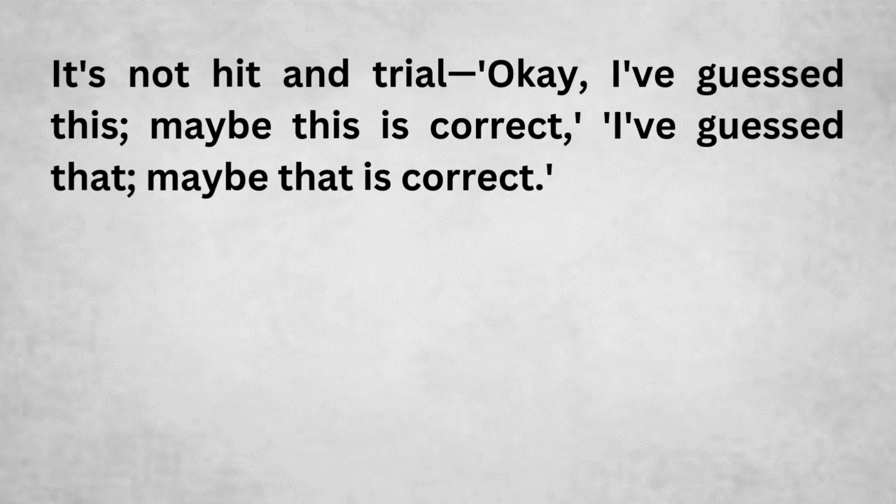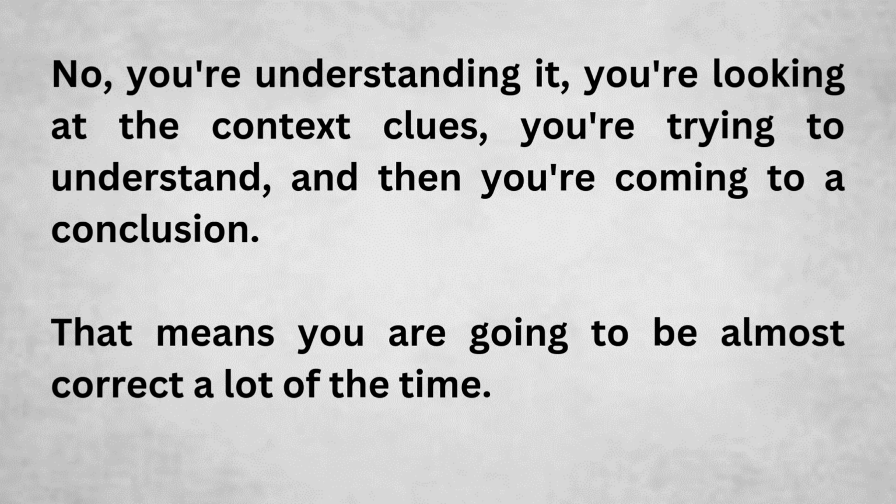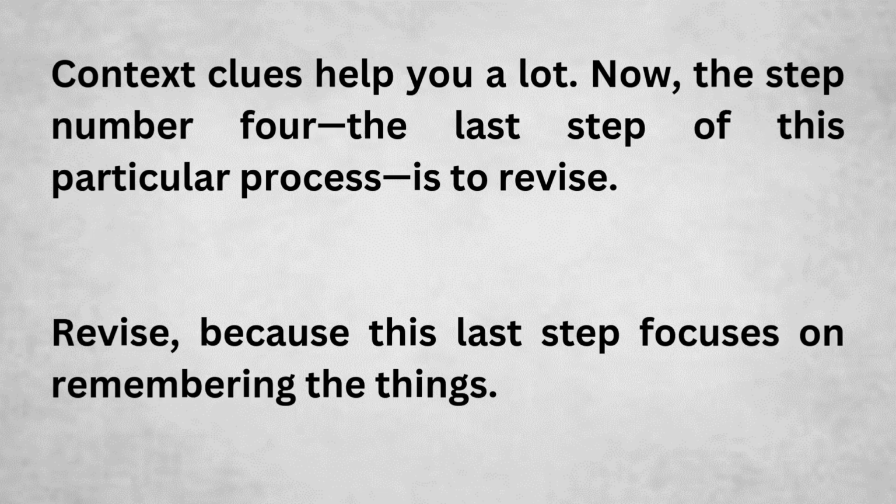It's not hit and trial. Okay, I've guessed this, maybe this is correct. I've guessed that, maybe that is correct. No, you're understanding it. You're looking at the context clues, you're trying to understand, and then you're coming to a conclusion. That means you are going to be almost correct a lot of the time. Context clues help you a lot.